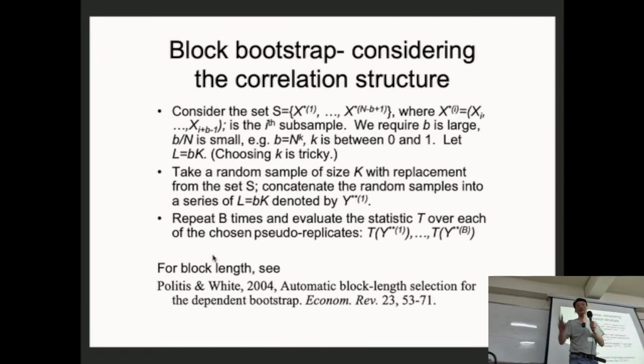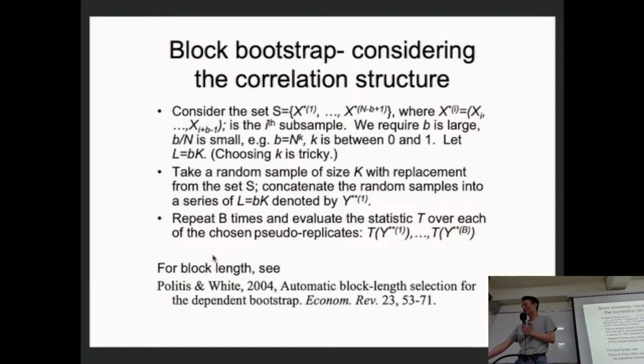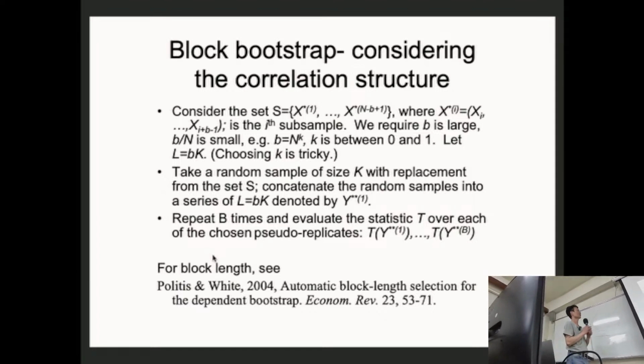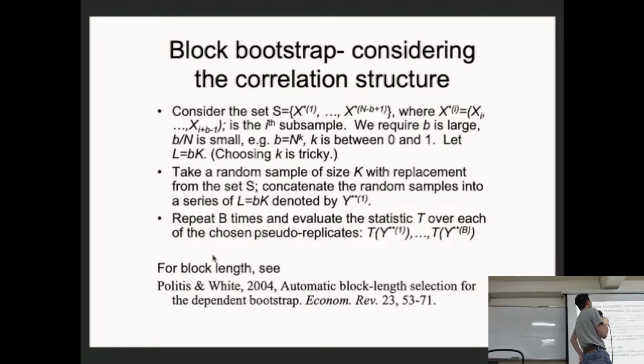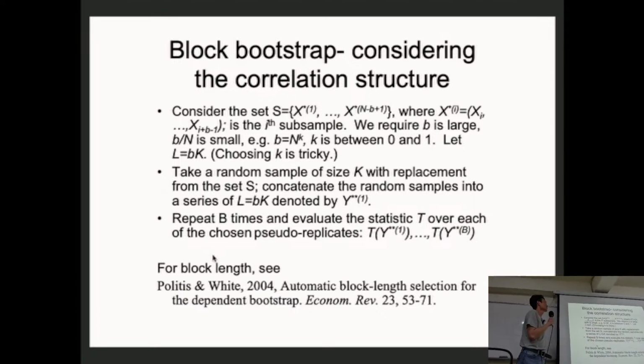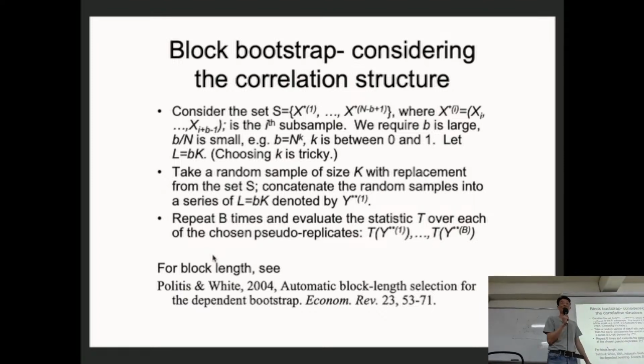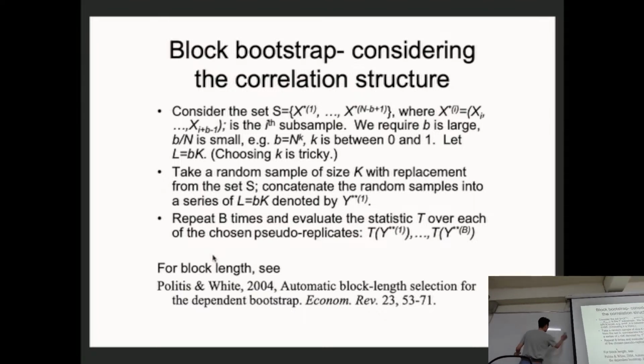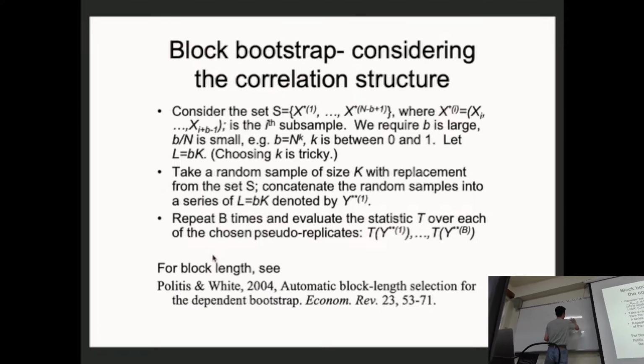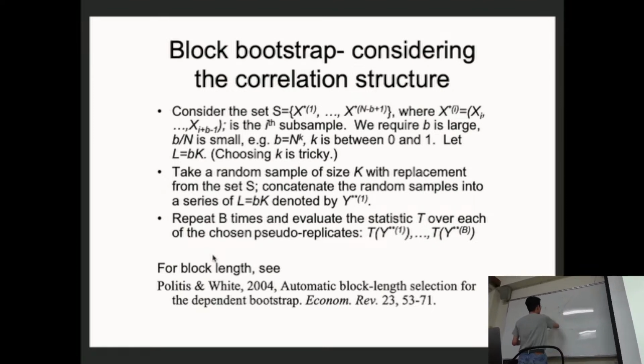Okay, second topic, the final topic before we end this class. Now I'm talking about something called a block bootstrap. Again, this is not in your homework, but it's very useful for research.